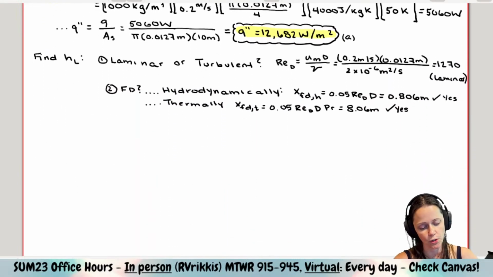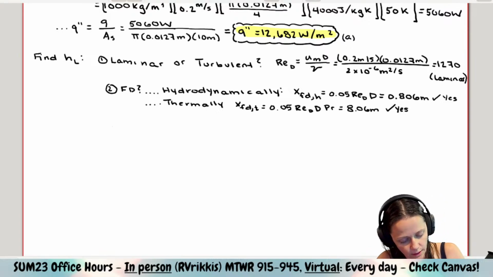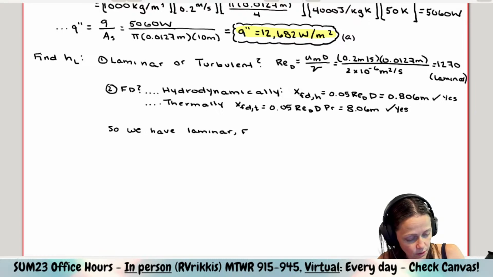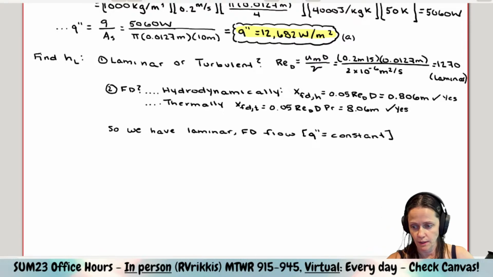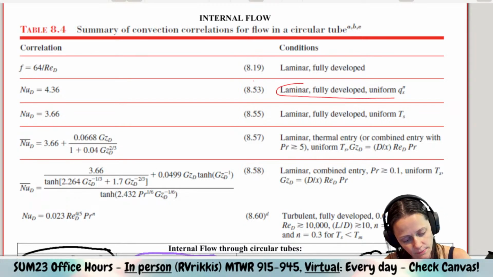All right. Okay. So with that being said, we have laminar, fully developed flow, and we have the condition of a constant surface heat flux. So we're going to go over here. That's this case right here.